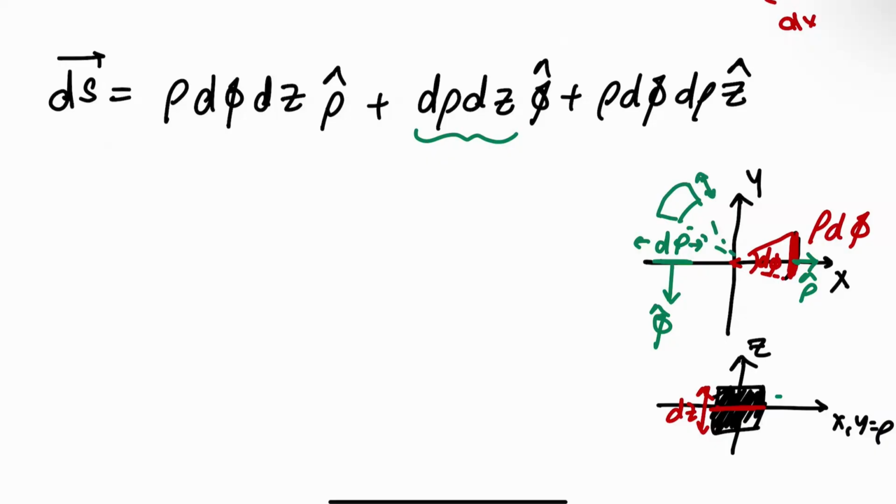So this length is d rho, right? And this length is rho d phi. So that's why the orientable surface in the xy plane, which is along z hat, is rho d phi d rho.